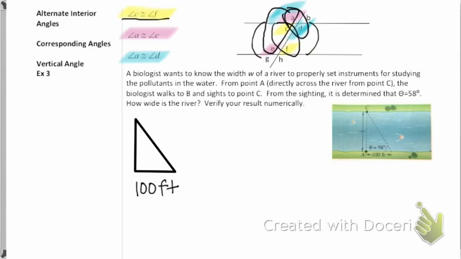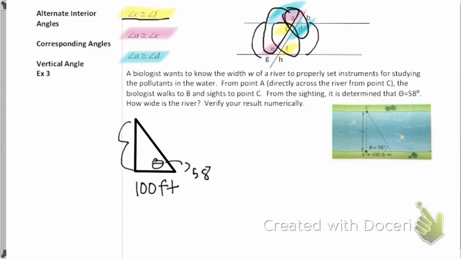In the picture, it says this is 100 feet. The problem says the biologist wants to know the width W of the river, so we're trying to find this side. And this angle is theta, which equals 58 degrees.